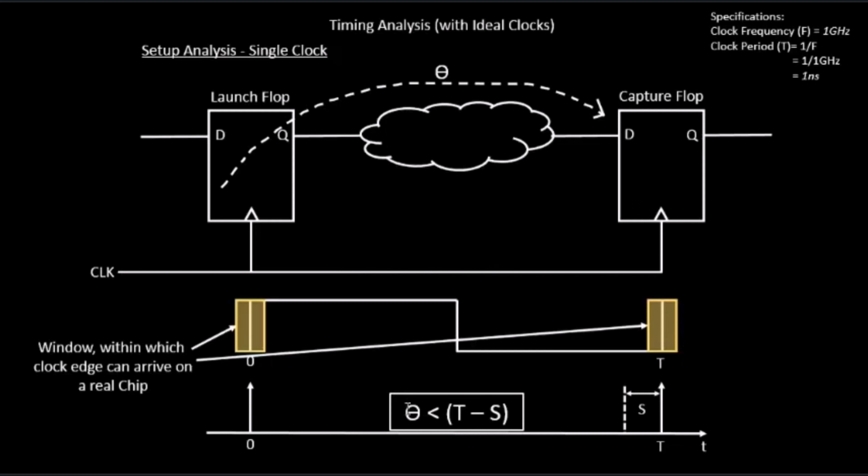The reason is that the combinational delay that we analyzed this circuit for was kept as less than t minus s, but now the combinational delay requirement becomes even more stringent because of these variations, and those variations are captured in a term called jitter. Jitter is referred to as temporary variation of the clock period.